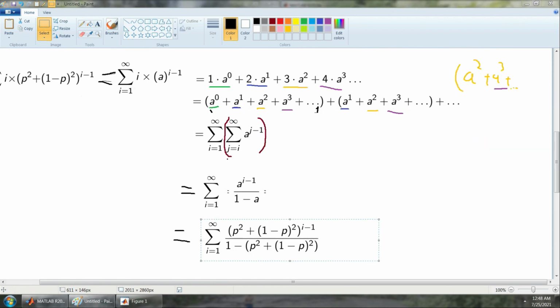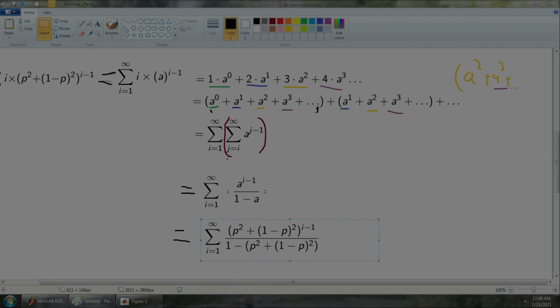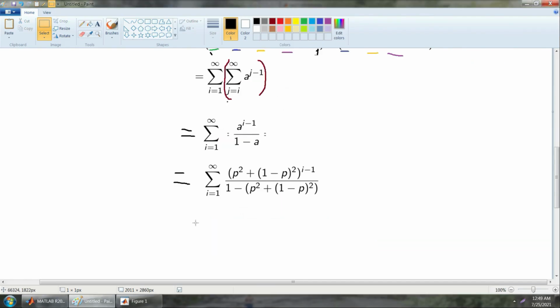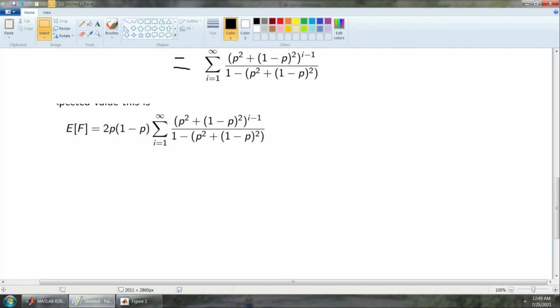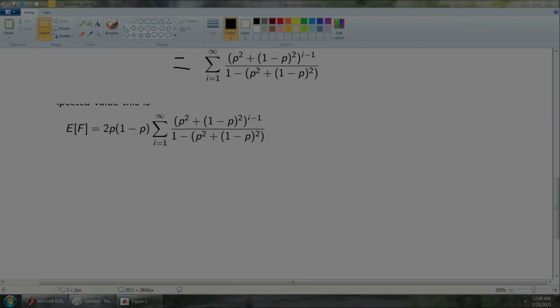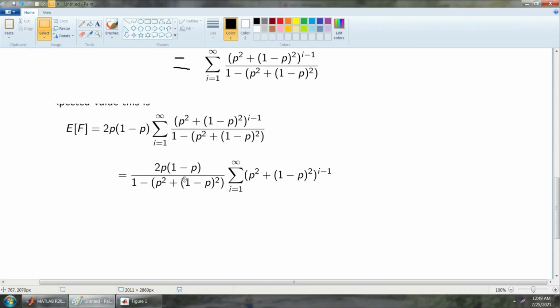So if I put all of this together, I have that the expected value of f is now given by this term here. So now what can I notice? Well, this denominator does not depend on i, right? The only term that depends on i is right here. So I can pull it outside of the infinite sum, assuming everything converges nicely, which it does.